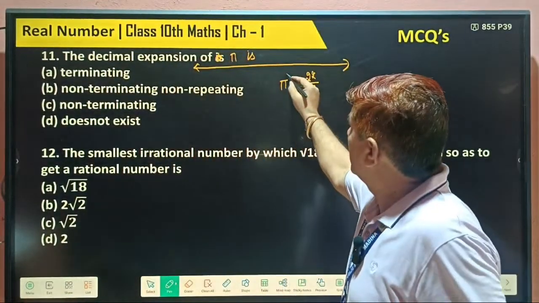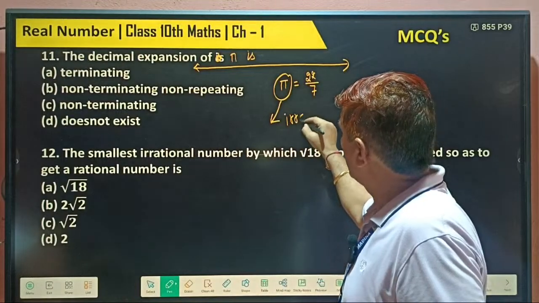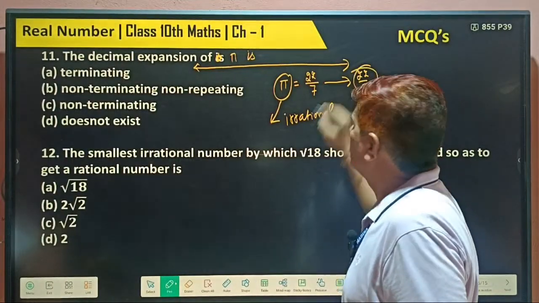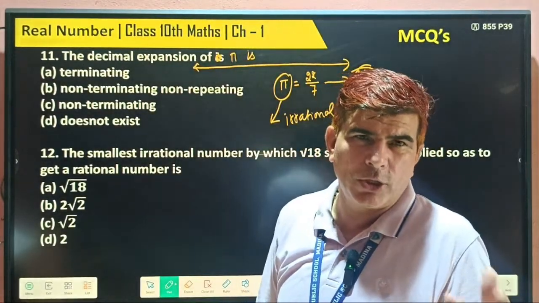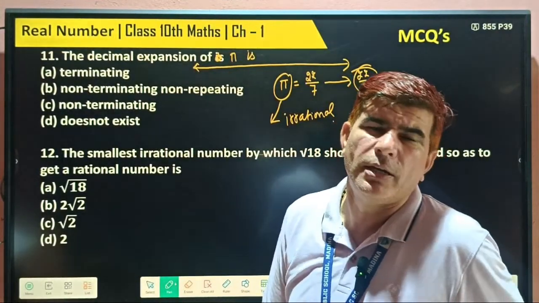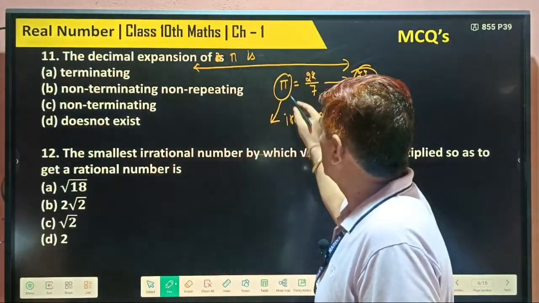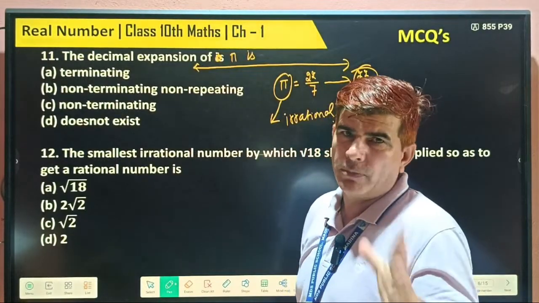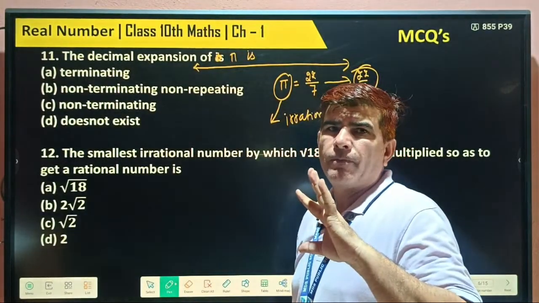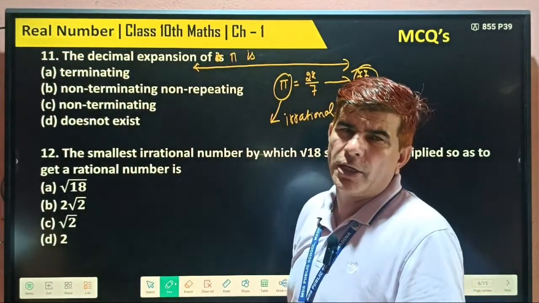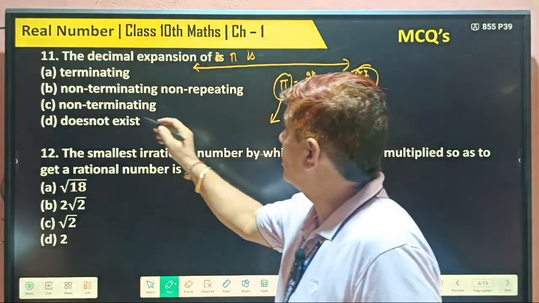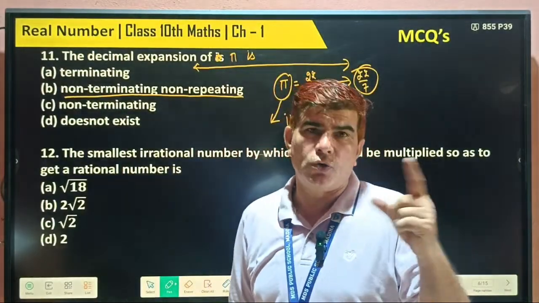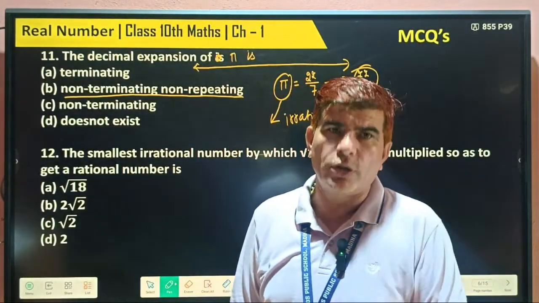And pi is what? Pi is irrational. But 22 by 7 is rational. Is it possible? No. 22 by 7 is not the exact value of pi. It's the approximate value of pi. But the main point is this: pi is irrational. And if it is irrational, then definitely non-terminating. If rational, it may be terminating or non-terminating, but irrational is definitely non-terminating, non-repeating, non-reoccurring.